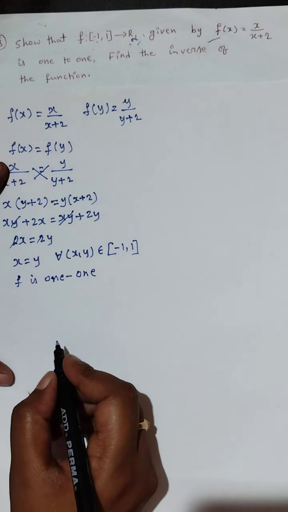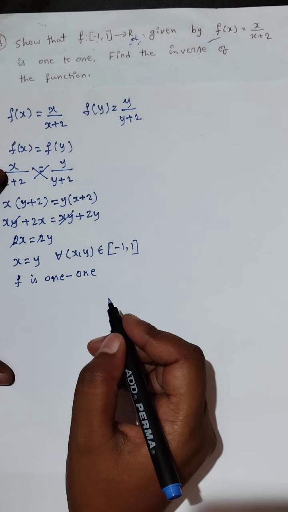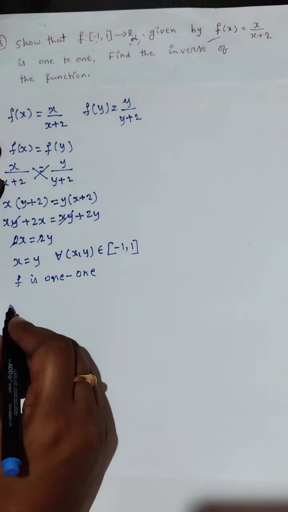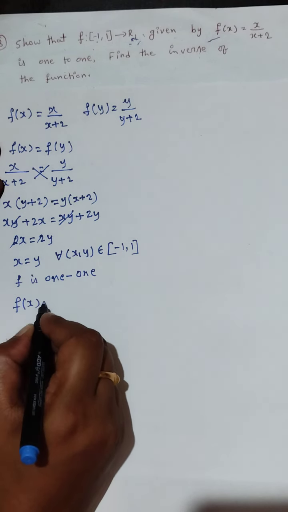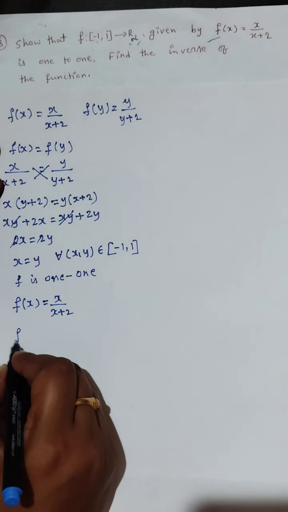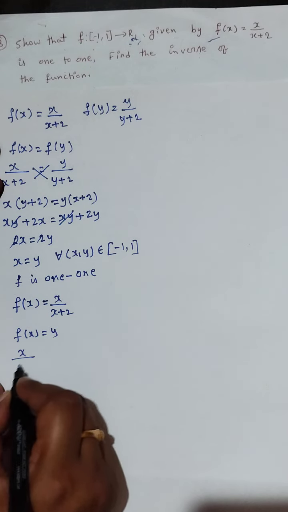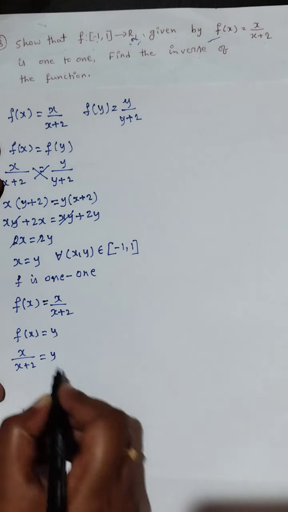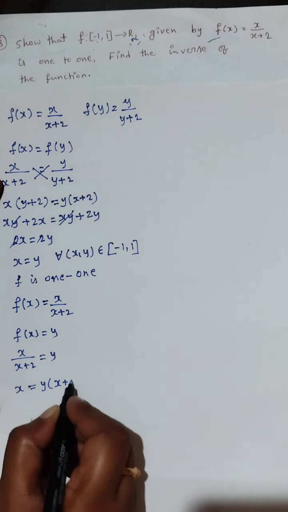Next you have to prove f is onto, and also you can find the inverse function. How do you prove that f is onto? For that, you consider your f(x) function, f(x) equal to x by x plus 2. Consider f(x) equal to y. So x by x plus 2 is equal to y. Cross multiply this. x equal to y into x plus 2.